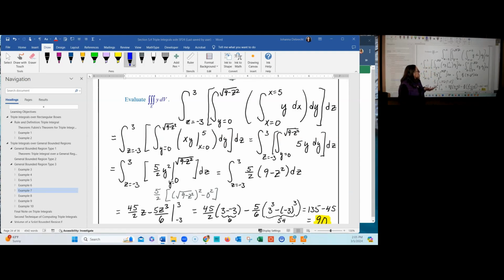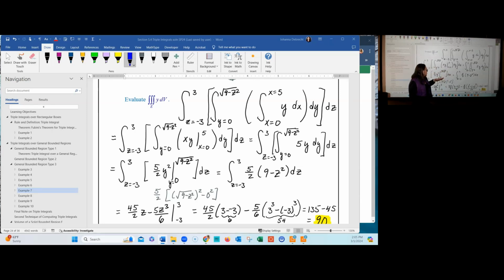So in this case, we want to go ahead and integrate with respect to x first. So the integral of y, being a constant as far as x is concerned, just becomes xy. Evaluating from x equals 0 to 5 gives us 5y for the new integrand. Then we integrate with respect to y. Remember that y is going from 0 over to the semicircle on the right. So this gives us from 0 to the square root of 9 minus z squared, writing y as a function of z.